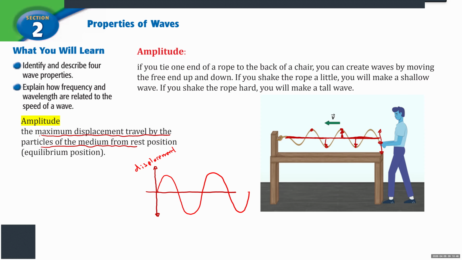So the maximum displacement traveled by the particle of the medium, this peak point, is called amplitude. And this point is called crest. As I said in the previous lesson, this is crest and this is crest. And this point is trough, and this is trough.